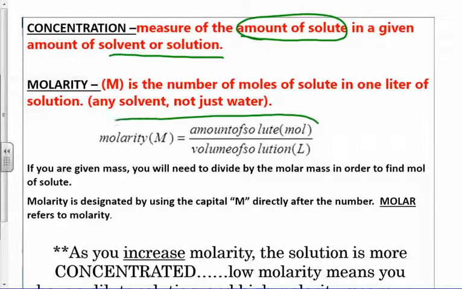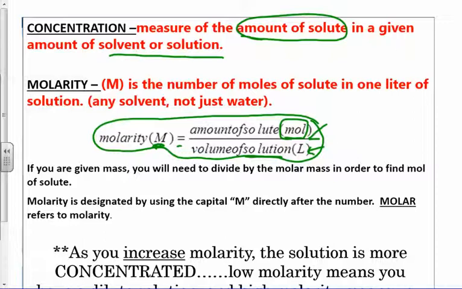So the formula for molarity, and notice this is big M, okay, capital M for molarity, is equal to the amount of solute, which is in moles. Notice we can abbreviate it mol. And that is divided by the volume of the solution, or the volume of the entire solution, which is in liters, okay?